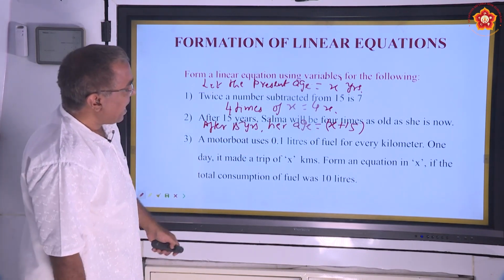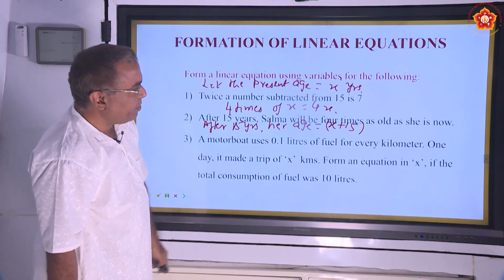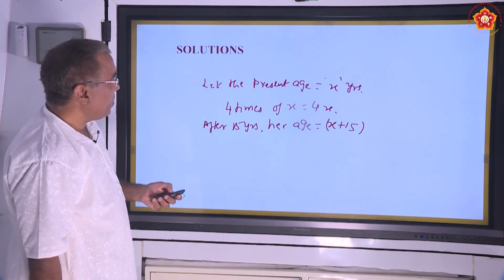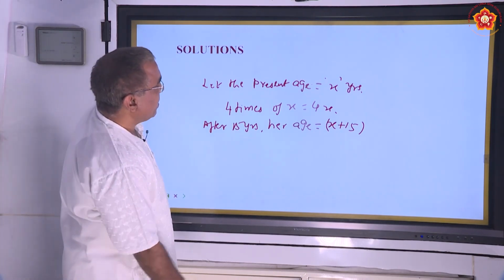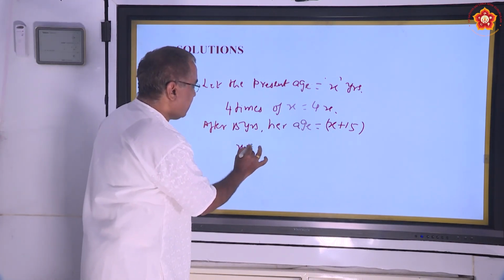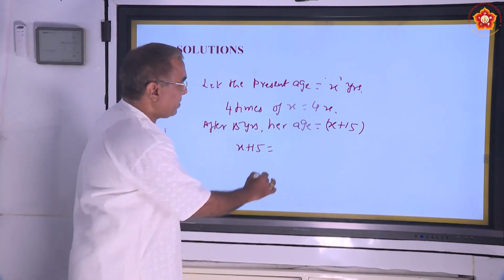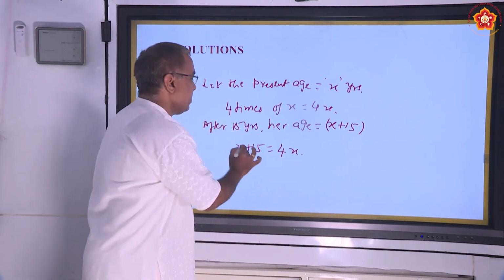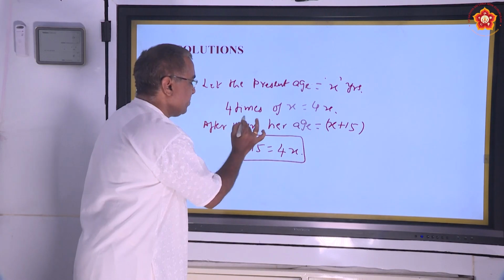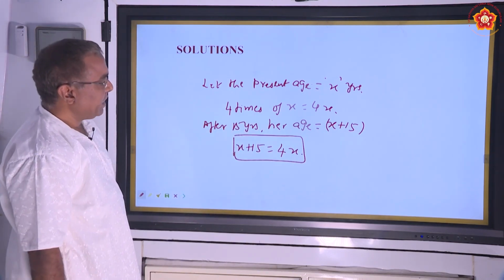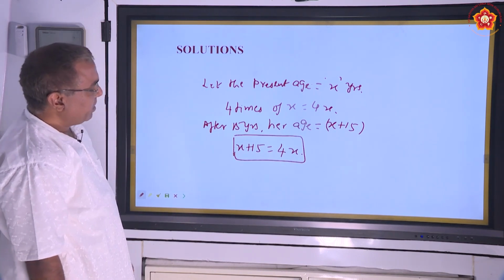After 15 years, Salma will be 4 times as old she is now. So, x plus 15, that is after 15 years, will be 4 times as that of her present age. This will be the required equation.